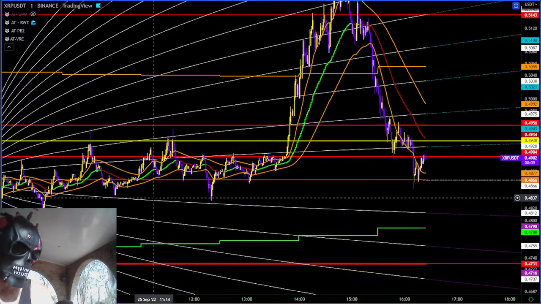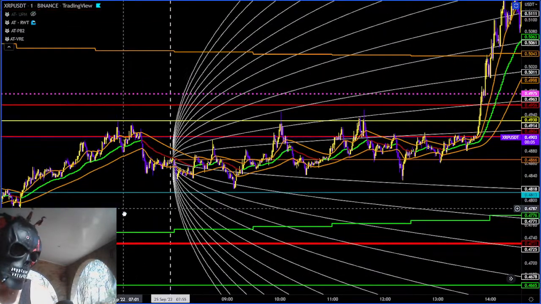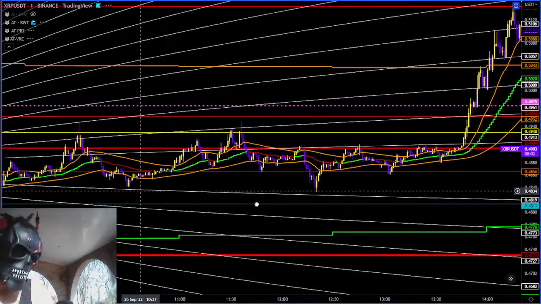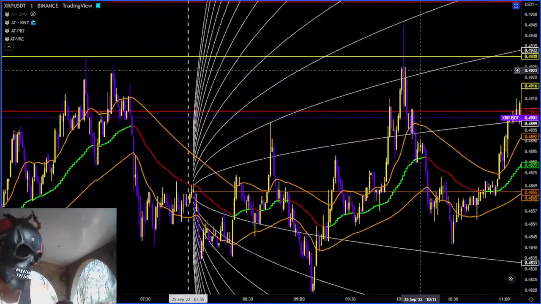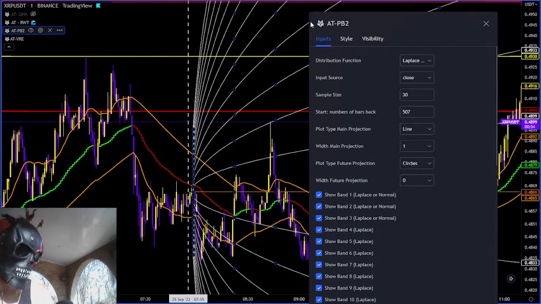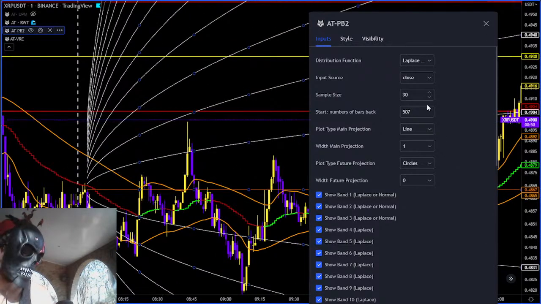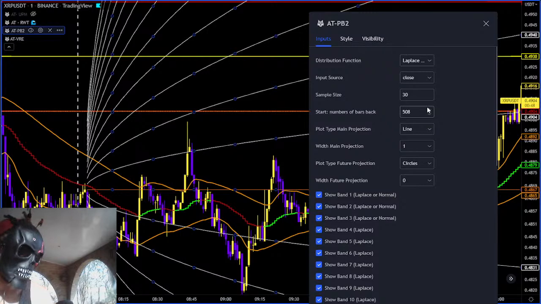PB coin. Okay, 2 seconds. Don't do anything, XRP. We're trying to put the cone in the right place, alright? So it's 3. 1, 2, 3. Is that it?